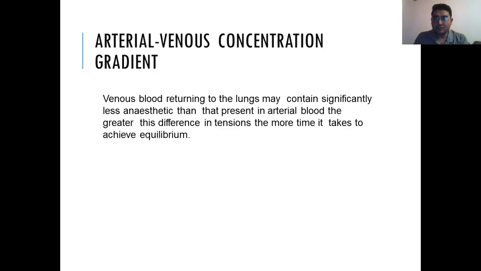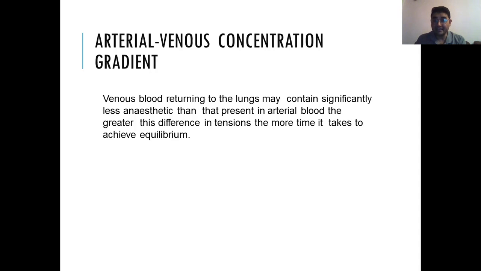Venous blood returning to the lungs may contain significantly less anesthetic than that present in arterial blood. Of course, when we compare arterial blood with venous blood, arterial blood takes lots of agent from the lungs and goes to the nervous system, and venous blood comes back to the lung with a very low level of agent. So we can compare arterial blood and venous blood like this.